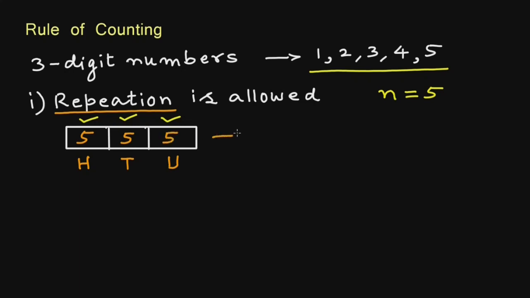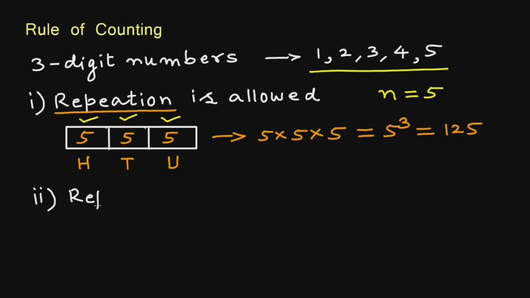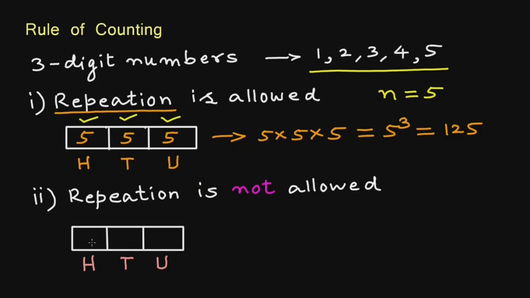Therefore, the total number of ways in which these three-digit numbers can be formed will be 5 multiplied by 5 multiplied by 5, 5 cube, which is 125. What if repetition of digits is not allowed? In that case, the hundreds place can be filled in 5 different ways. The tens place can be filled in 5 minus 1, that is 4 different ways.